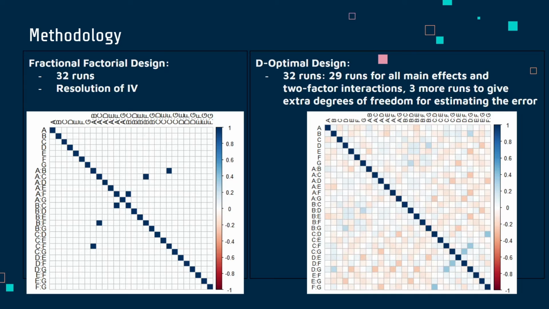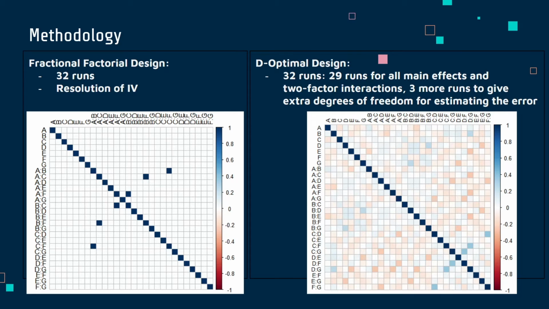In the optimal design, it requires 29 runs for all main effects and 2-factor interactions, but we add 3 more runs to give extra degree of freedom for estimating the error.